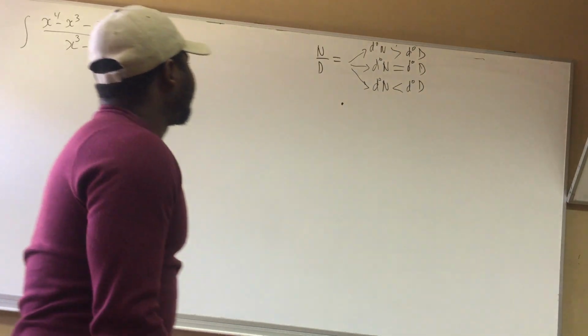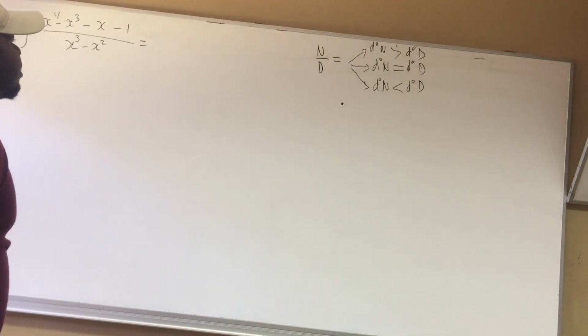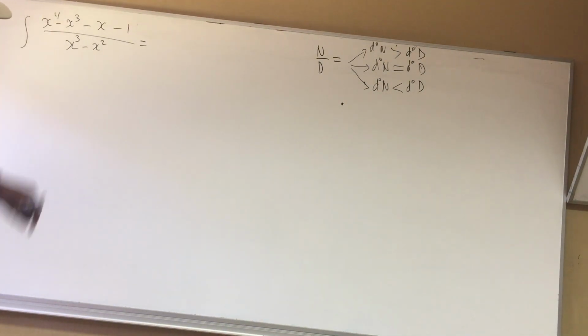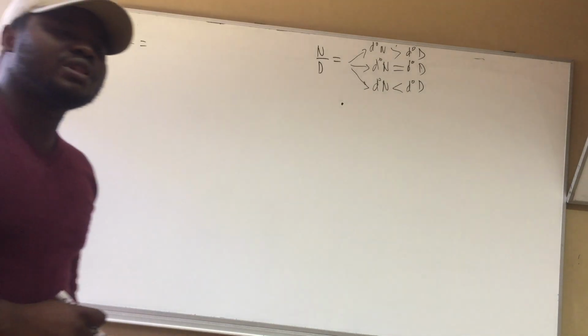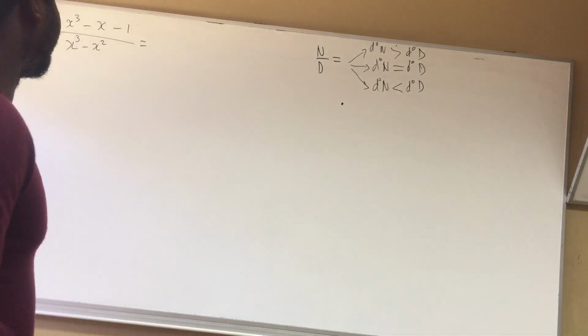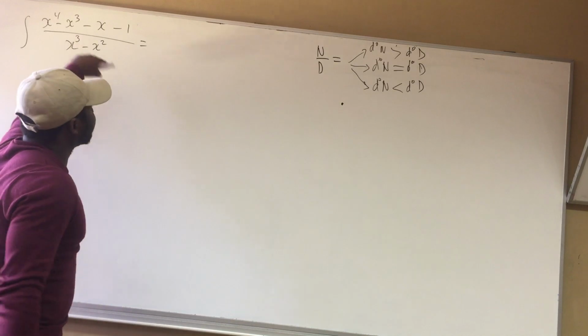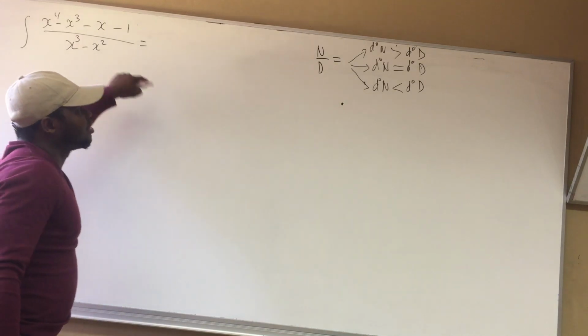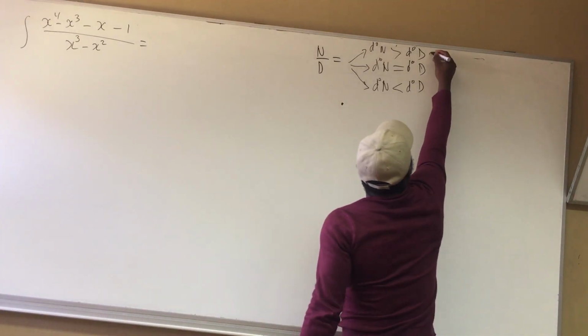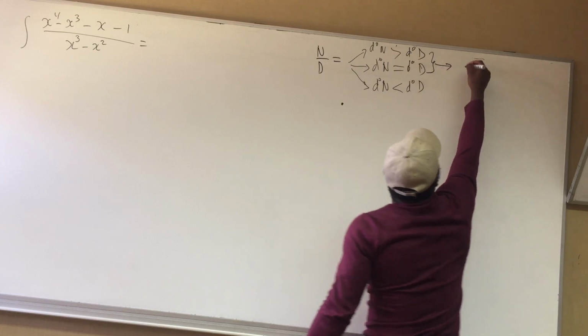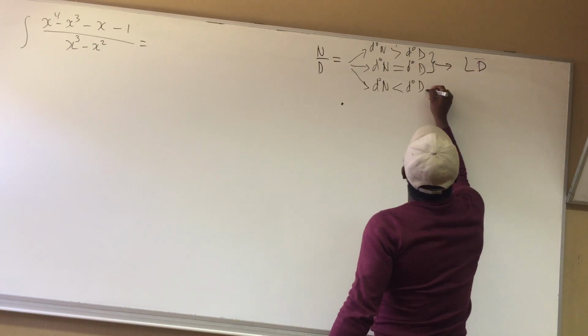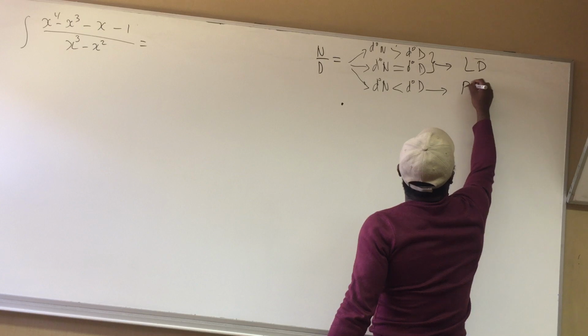So, for instance, in this case, you are looking for the highest degree. The highest degree here is 4, and the highest degree here is 3. So these two cases lead you to do long division, and this one leads you to do partial fraction.